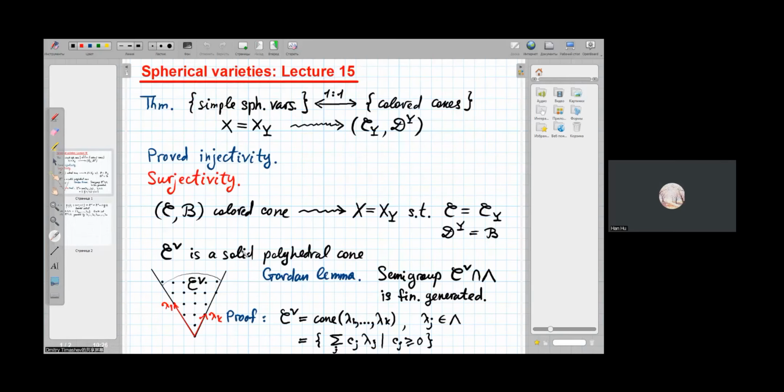For instance, let me draw this on the picture. On the picture, we have this set K given by the following. You have to take this area.